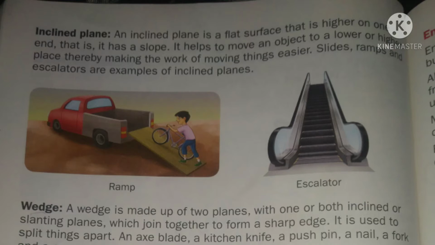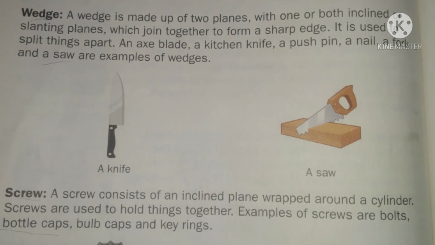Next we have the wedge. A wedge is made up of 1 or 2 inclined or slanting planes. You can see in the picture, the knife has 2 sides which join at the top.